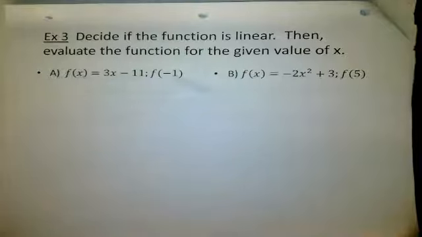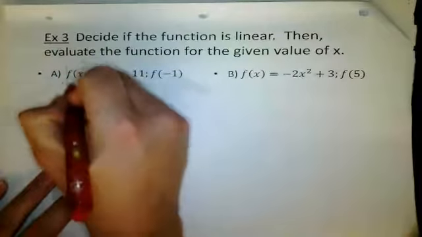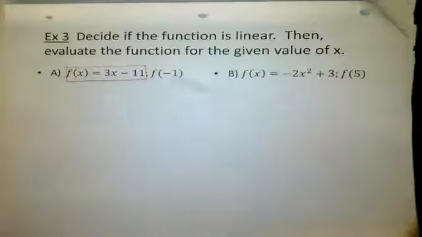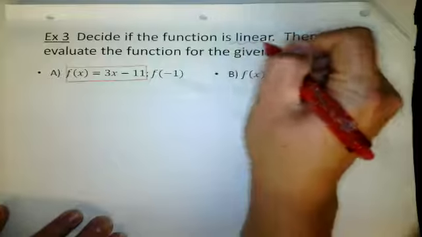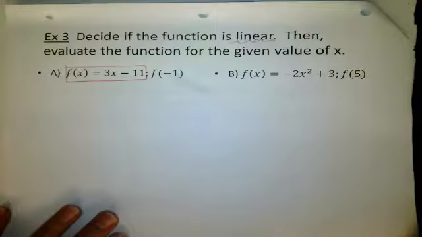Okay. So the very first thing, I have my little function here, f of x equals 3x minus 11. So there's my function. Ladies and gentlemen, is it linear? Couple ways you could find out. You could graph it. If you have a graphing calculator, you can graph it and see if it's a line or not.